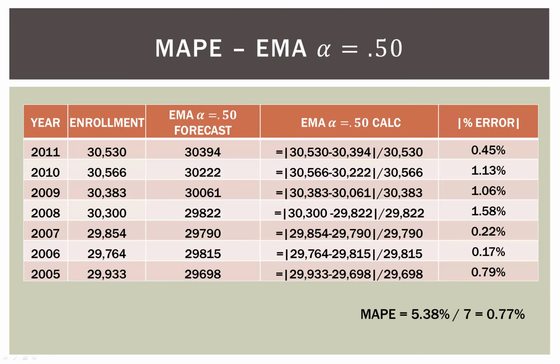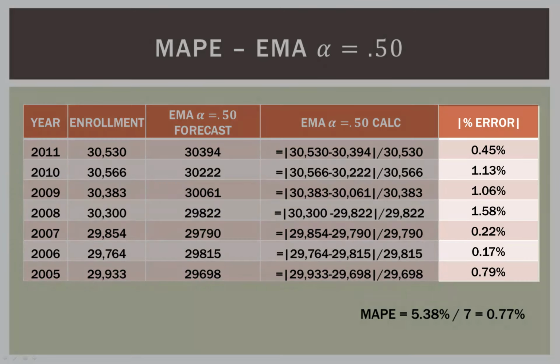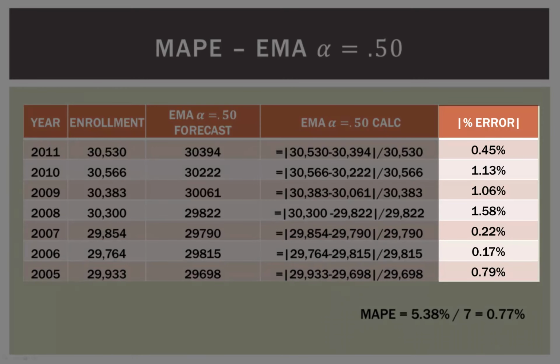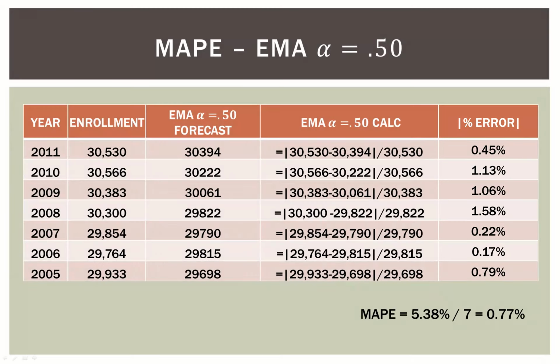And then we get what percentage our forecast was off. So those are our error terms and percentages over on the right-hand side. We add all those percentages up, and then we divide by 7, which is our number of years, and we get 0.77%. So on average, our forecast was 0.77% off of our actual enrollment.